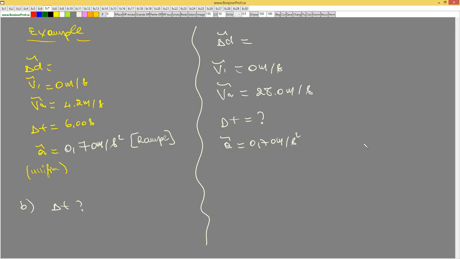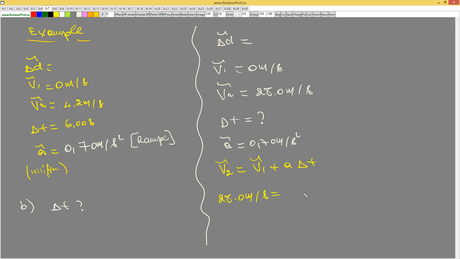So which formula are we going to use? The same formula again. V2 equals V1 plus A delta T. V2, we know it, it is 28.0 meter per second.